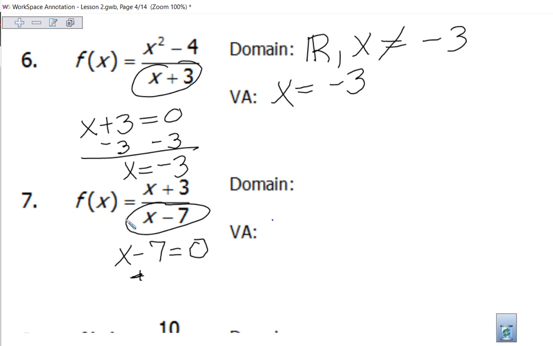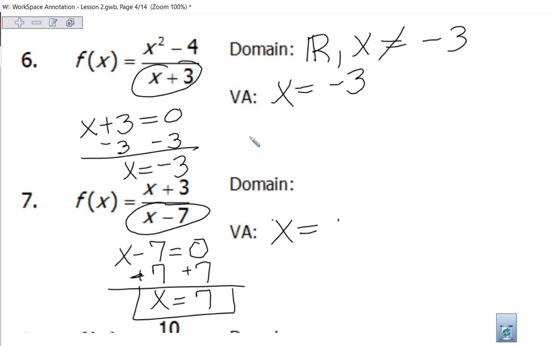Add 7 to both sides. So what would be the equation for that vertical asymptote? x equals 7. So that means our domain is all real numbers except x cannot equal 7.